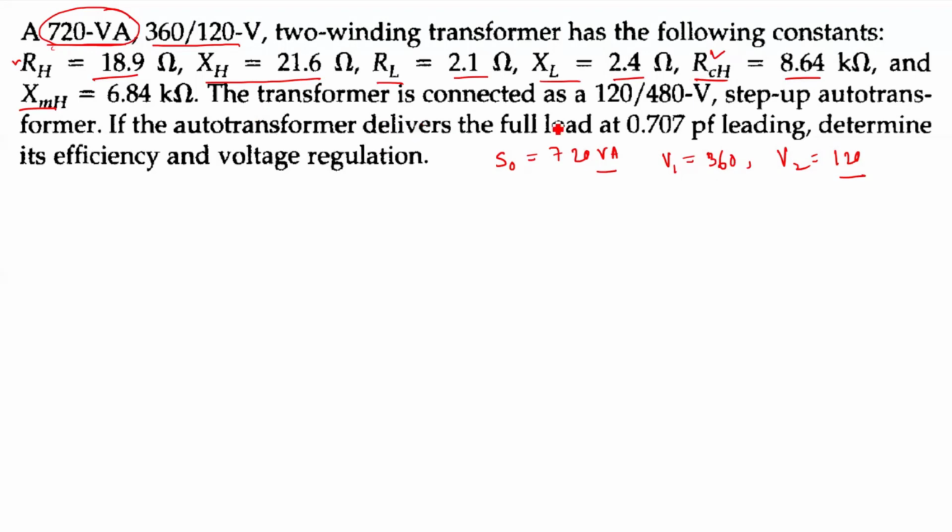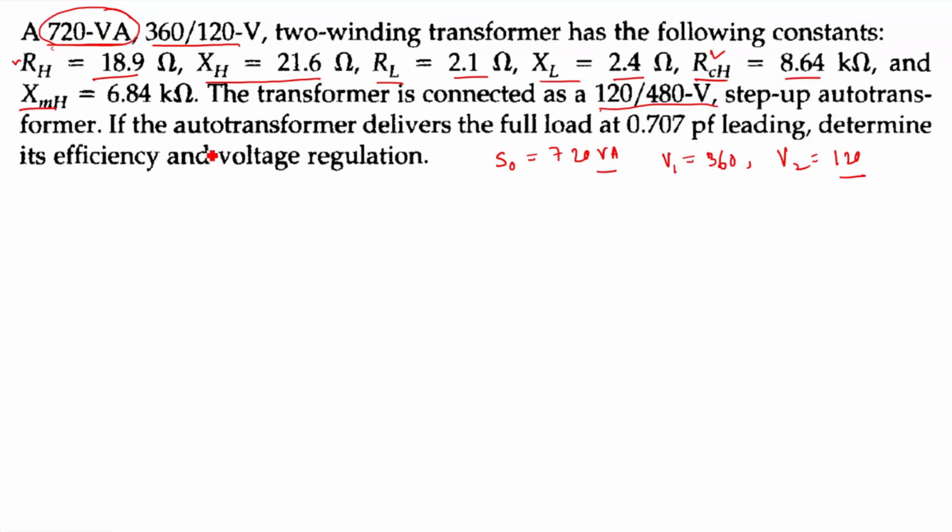Now the transformer is connected as an autotransformer in this fashion, which has the input of 120 volt and output of 480 volt. That means it is a step-up transformer. The 120 volt winding will be connected to the input voltage, so it will be the common winding, and 480 volt is the output voltage, which is the combination of 360 plus 120.